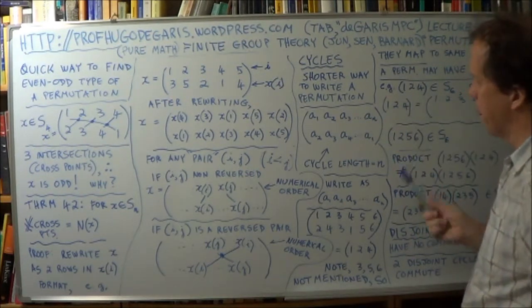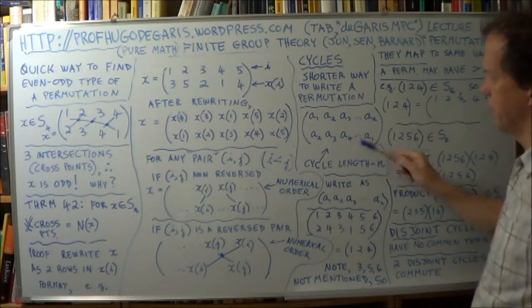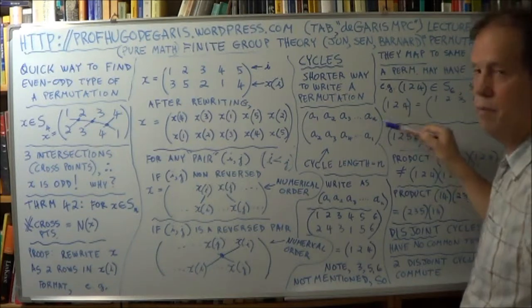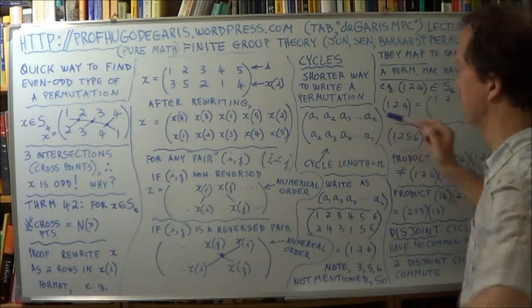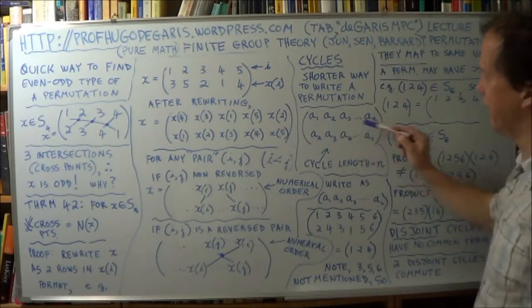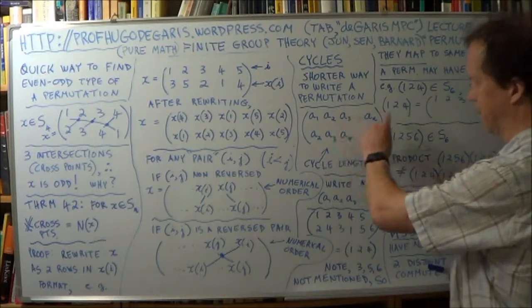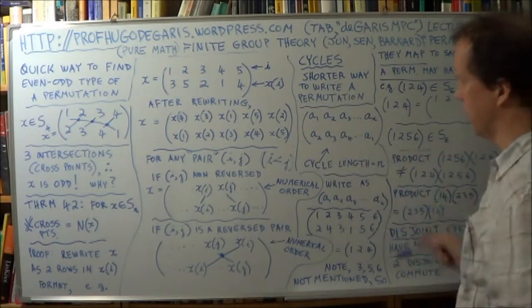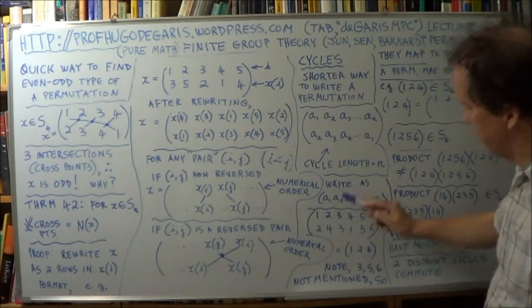That cycle is said to have a length of n. The length just means how many terms in your row. We've got n terms, so the length of this cycle is n. Now we can rewrite this in a shorter way. Instead of having two rows, we just have one row.